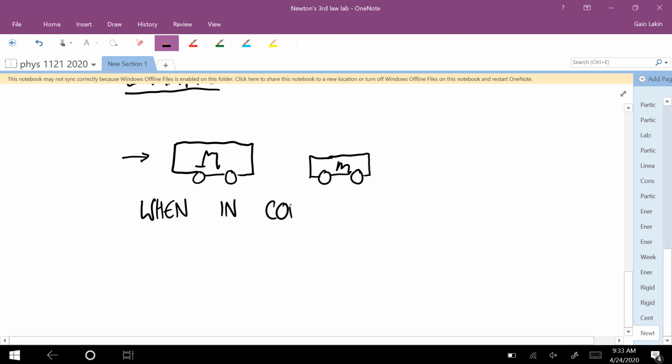When they're in contact, what do we know about the contact forces?